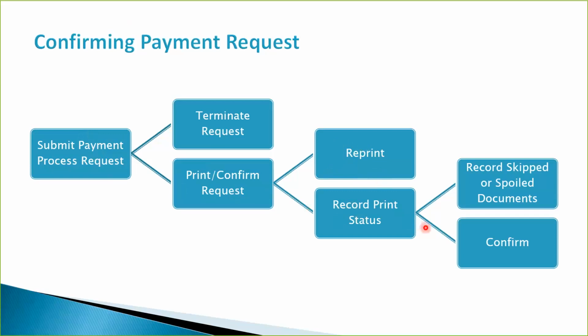And then the next step is to finish or to confirm, but you also have this option here whereby you can record any checks that were skipped or spoiled, and we're going to see how to do that. Each of these steps is going to make sense once we see this process on the system. And let's head over there straight away.